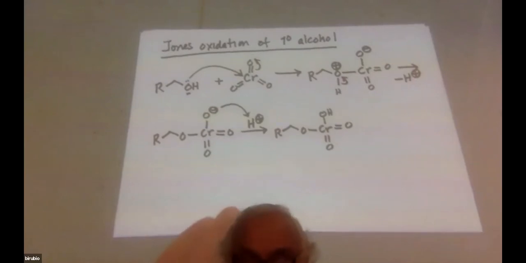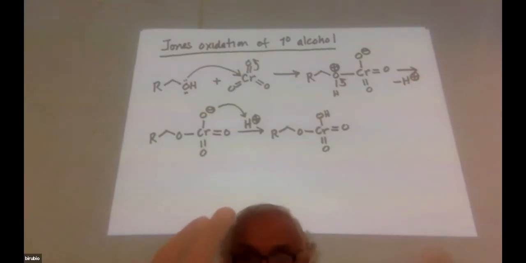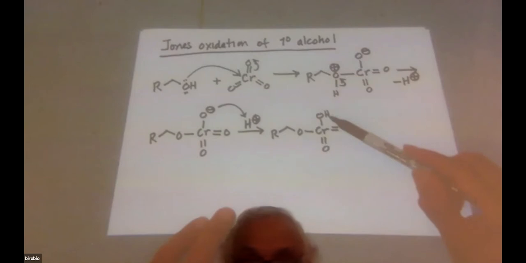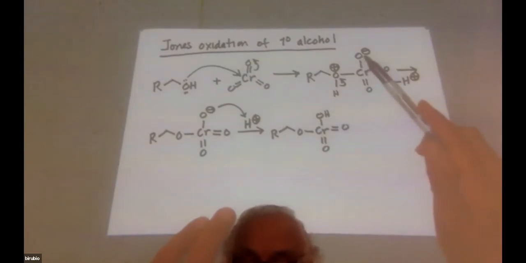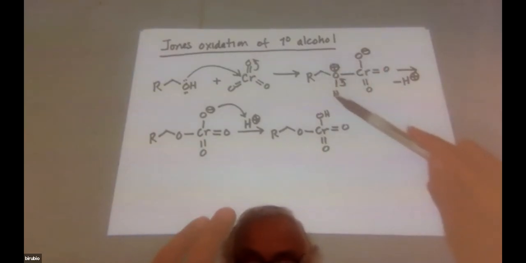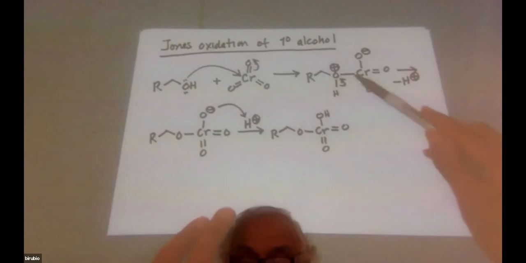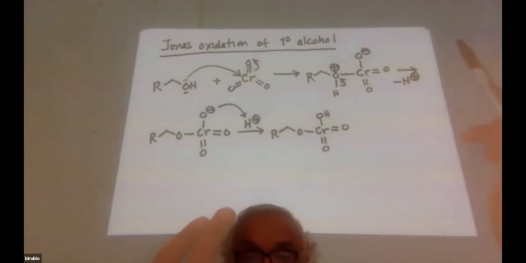And before I go any further, I want to make sure that you understand that if this proton is named Fred, this is not Fred here. This O minus doesn't wheel around and pick off this proton, because to do that would require a 4-membered ring transition state.